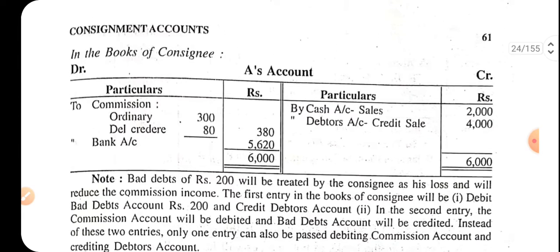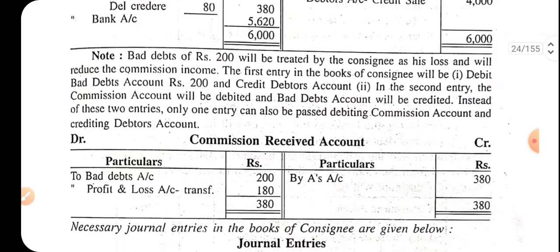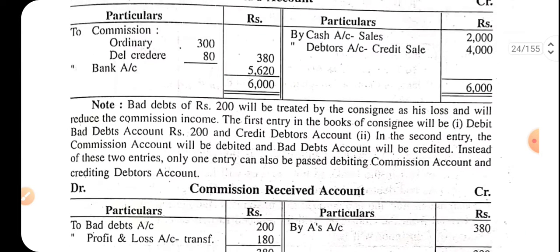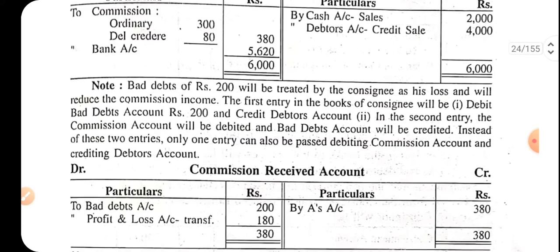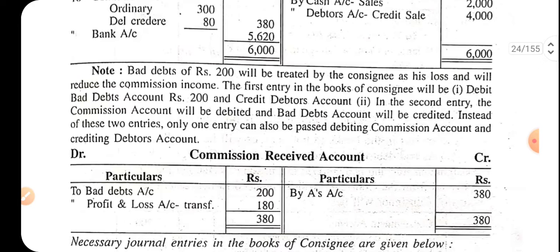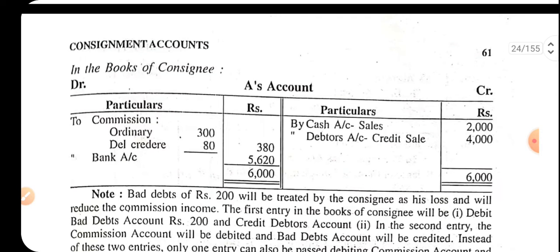Now, as I had told you, whenever we are getting the del credere commission, we must prepare commission received account. So this is the commission received account. Consignor's account debit to received commission account. This is the account of consignor in the book of consignee.